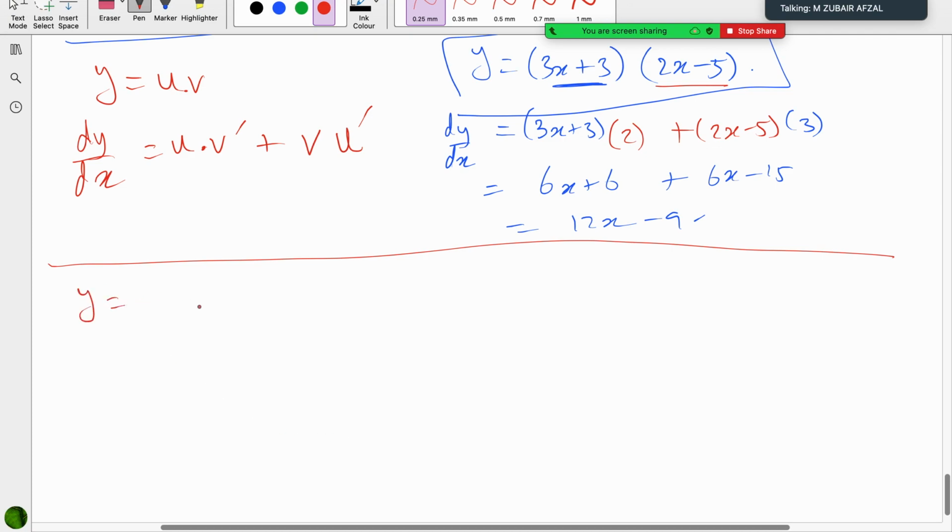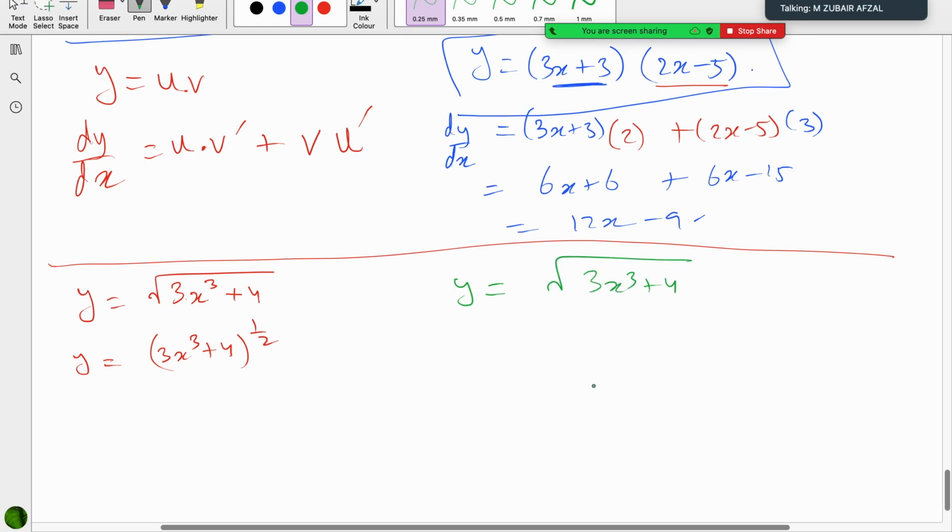For example, y is equal to the square root of 3x cube plus 4. First I will do it step by step, then directly. y is equal to (3x cube plus 4) raised to the power 1 by 2, or let's do it in parallel and compare them. y is equal to the square root of 3x cube plus 4.